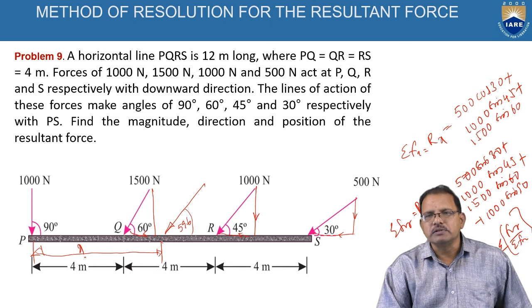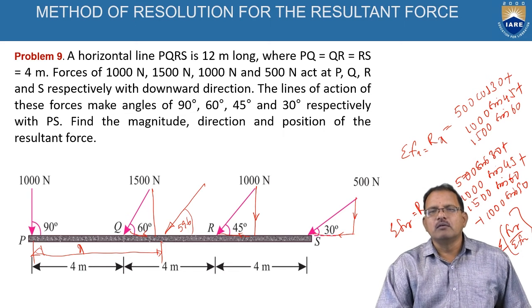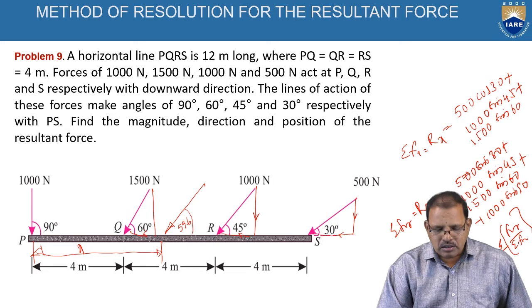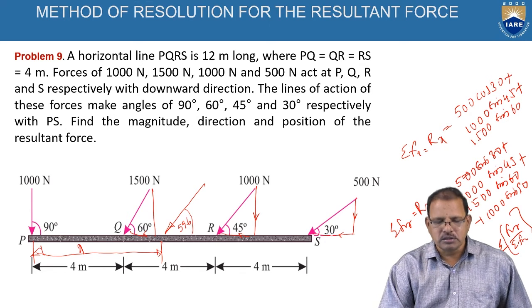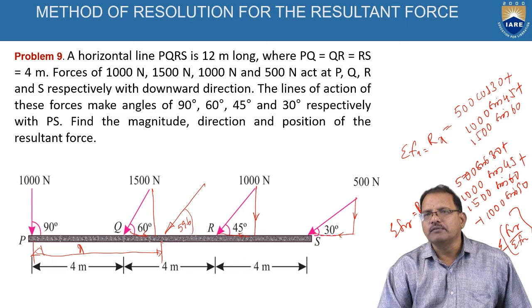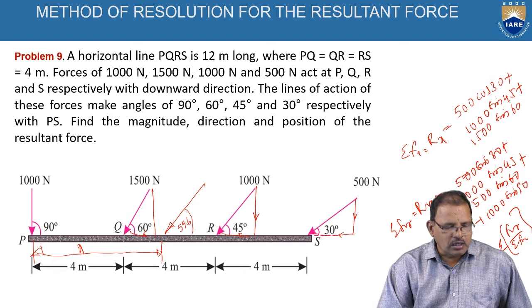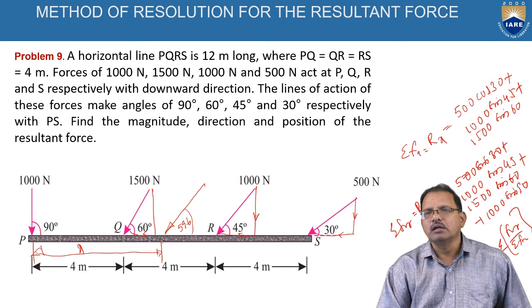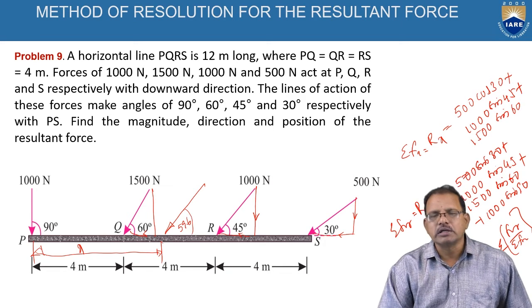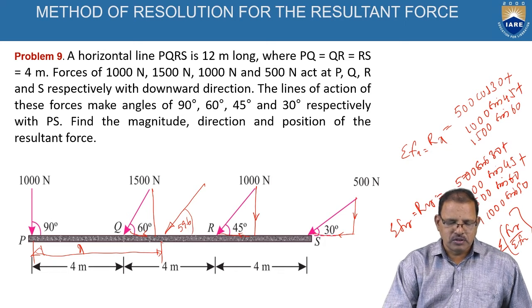According to the Varignon principle, the moments created by the component forces, that is 1000, 1500, 1000 and 500, about a given point should be equal to the moment created by the resultant.